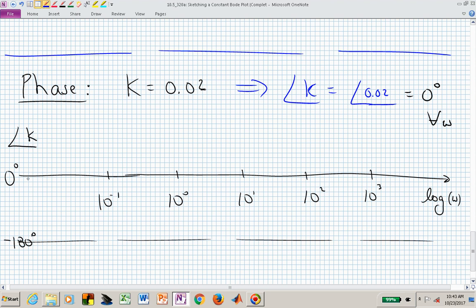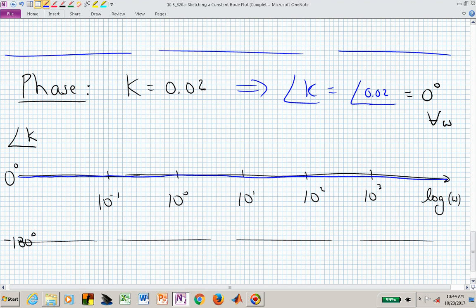And if you wanted to sketch the contribution that that gain provides to the phase curve, it's just contributing 0 degrees for all frequencies from small to large. And I'm not saying from 0 because we're on a logarithmic axis. Now we just keep going, 10 to the minus 2, 10 to the minus 3, back to the left. We're never going to reach DC or the origin, and we're never going to run out on the right of higher frequencies. We just keep going because we have a log of omega axis.